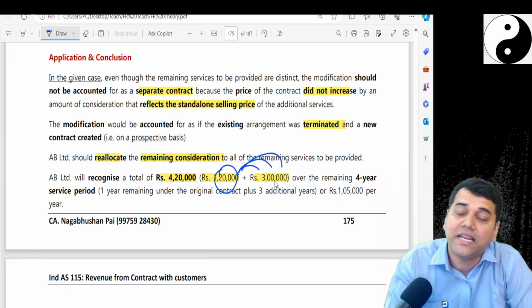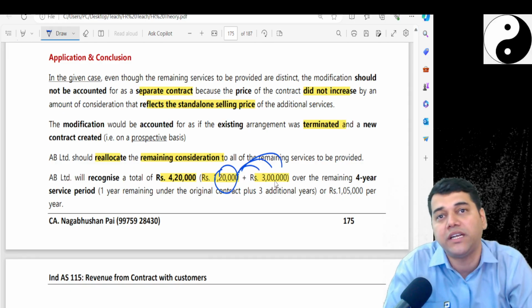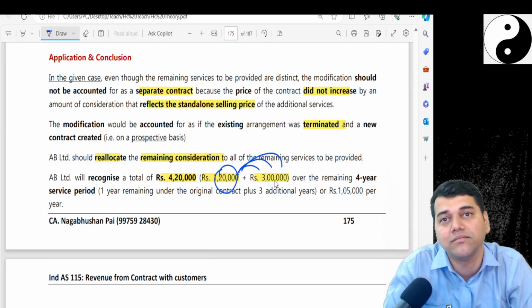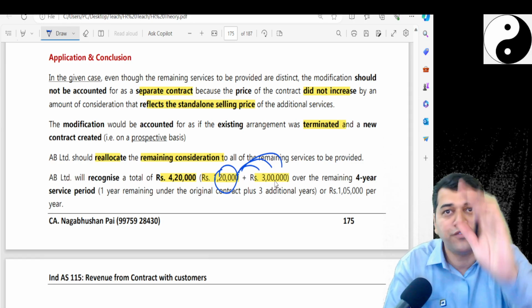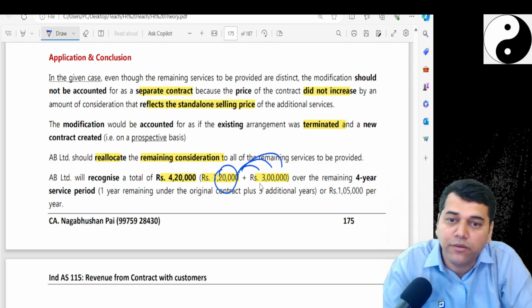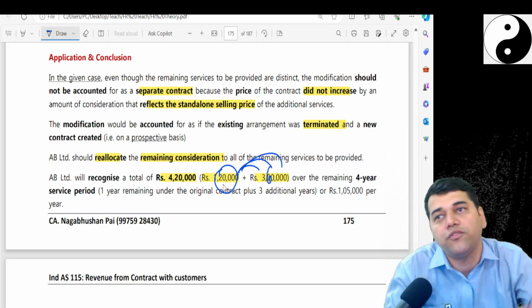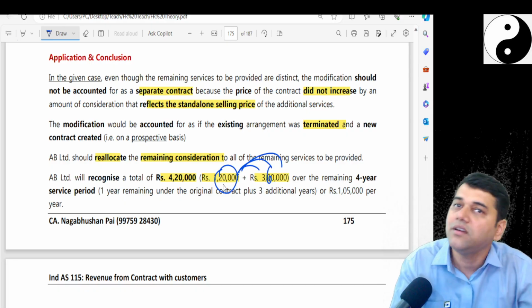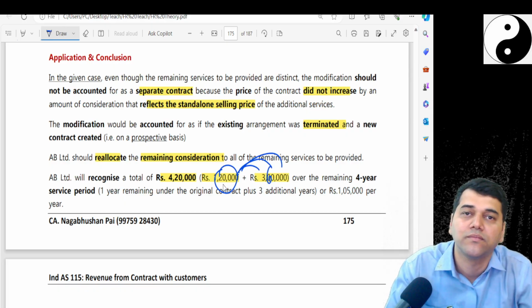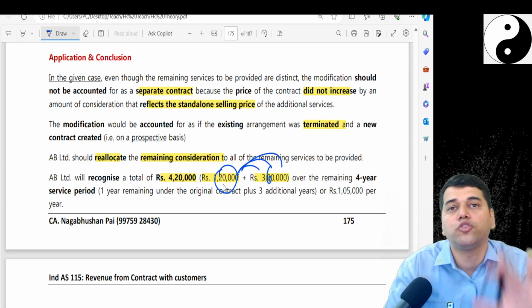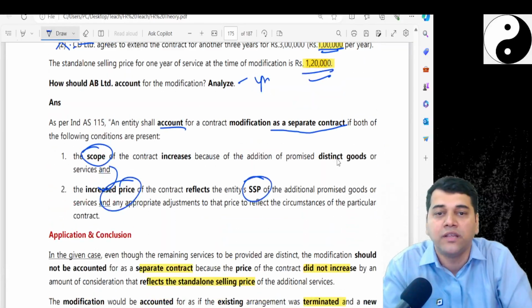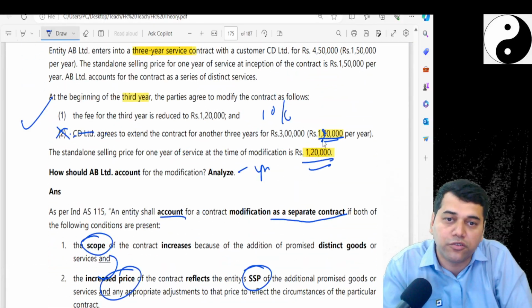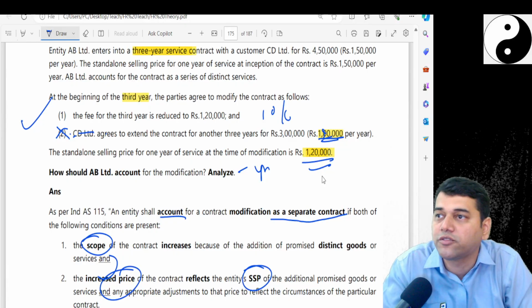What if the additional 3 years were also at 1 lakh 20? Creation of new. Then it is 1 lakh 20 plus 3 lakh 60 for a total of 4 years. So how much per year? 1 lakh 20. What is your total contract value? How would you have treated it if I had said the next 3 years are also 1 lakh 20?